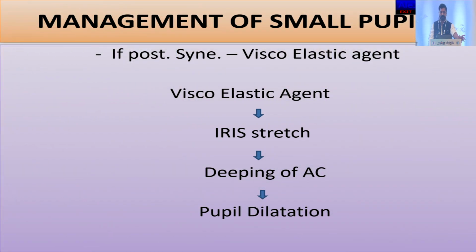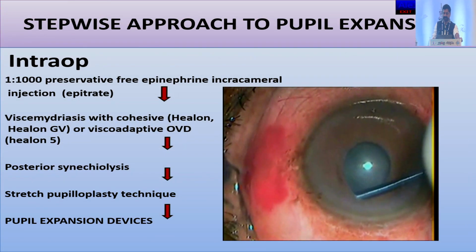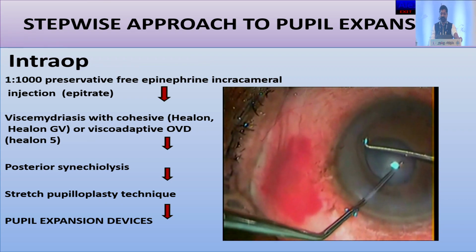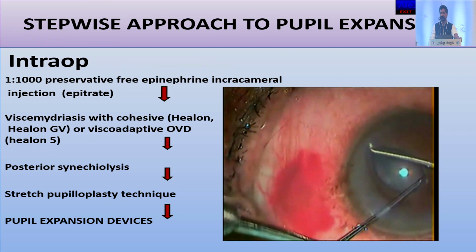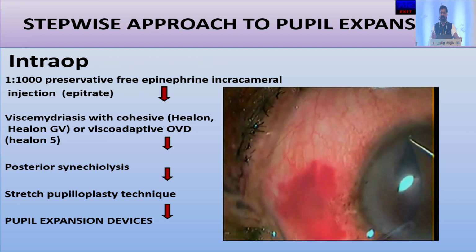Management of small pupil with viscoelastic agent stretch, which will stretch the iris, lead to deepening of the AC, and that leads to pupil dilatation. So here, whenever you have a small pupil, you can use an iris repositor to break the posterior synechia, and with the help of Y hooks, both sides perpendicular to each other, you can stretch the pupil.